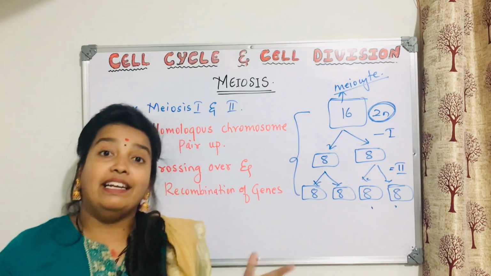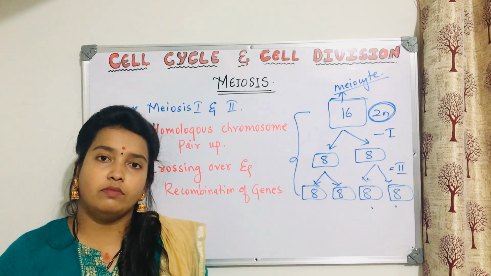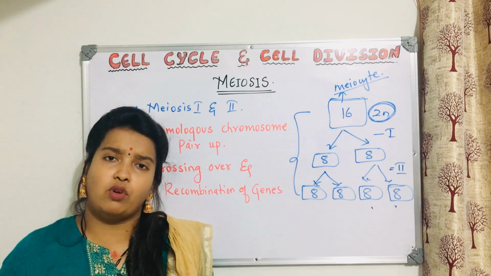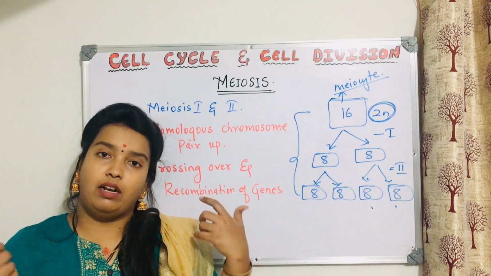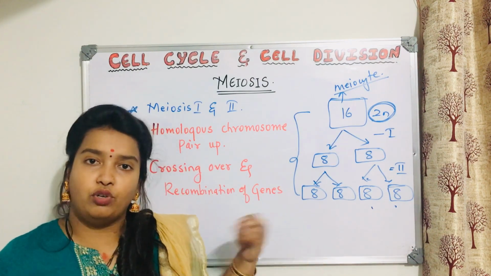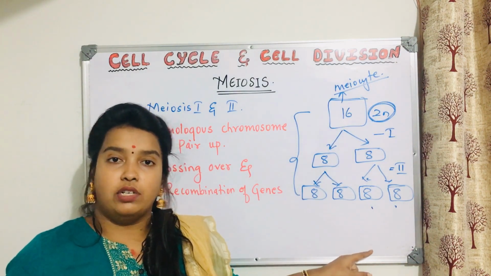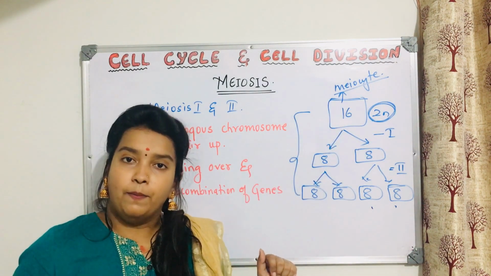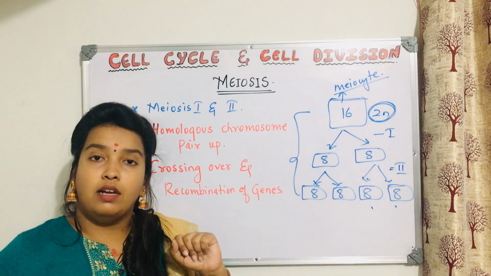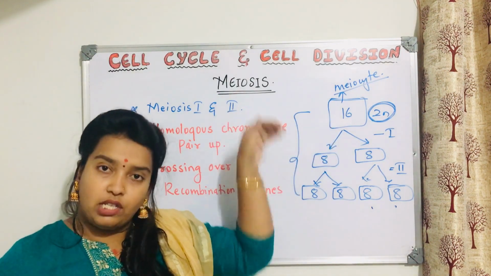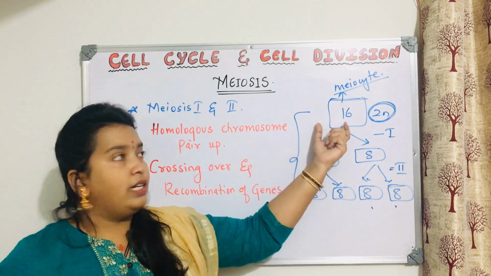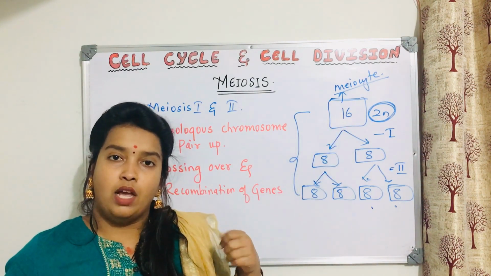But what about the interphase in meiosis? Does meiosis undergo interphase or not? Directly it will divide? The cell which is undergoing meiotic division is nothing but a diploid cell, no? How has it developed? It has been developed by mitosis, and then it has 16 chromosomes.